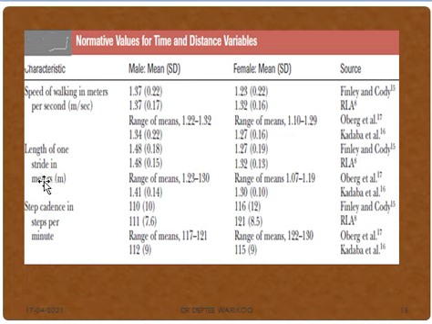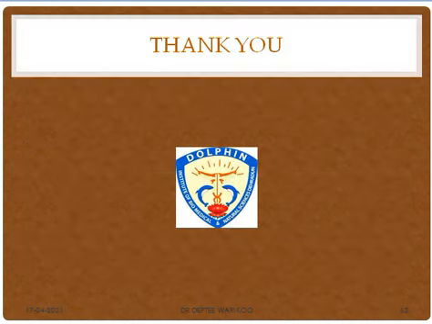The length of one stride in meters is 1.48 for men and 1.27 for females. Step cadence in steps per minute is 110 for men and 116 for females. So these are the variations we can see in the variables of gait.